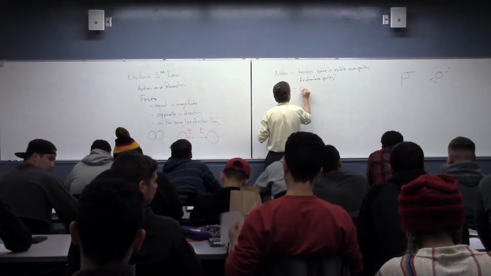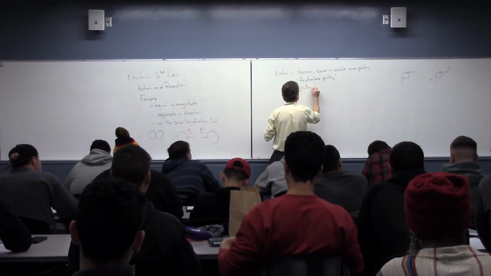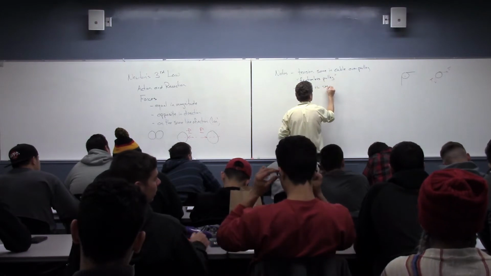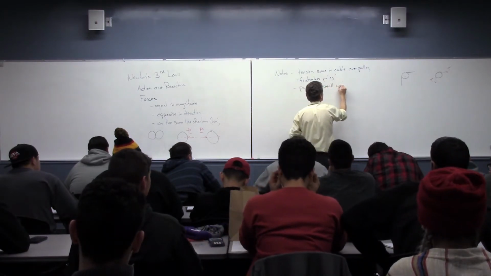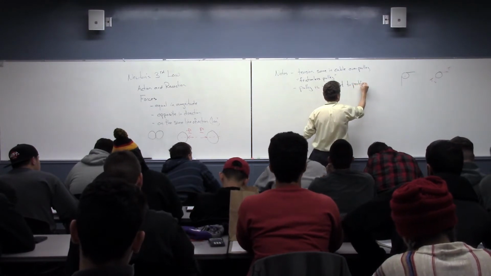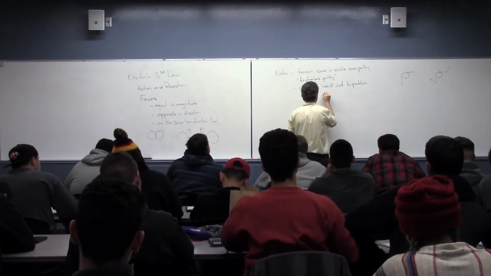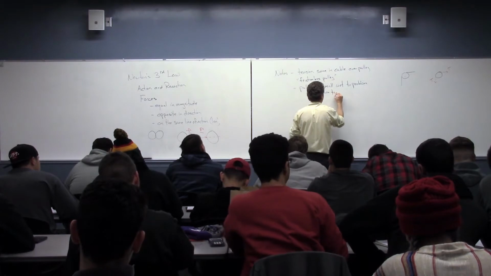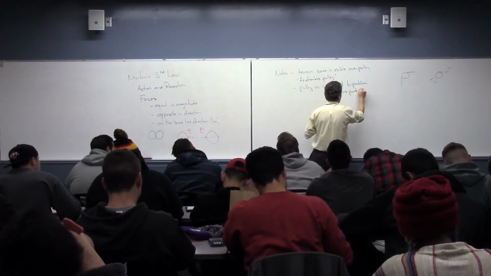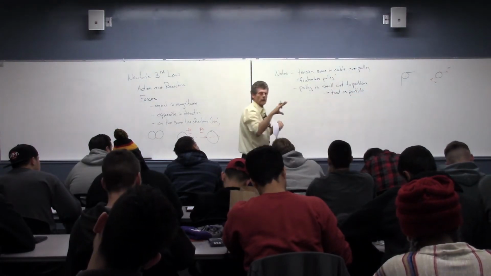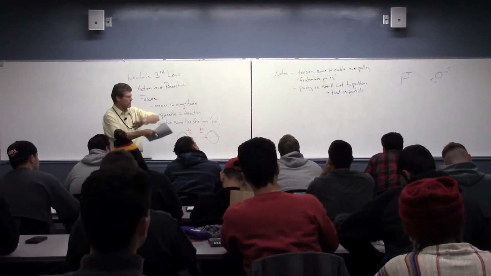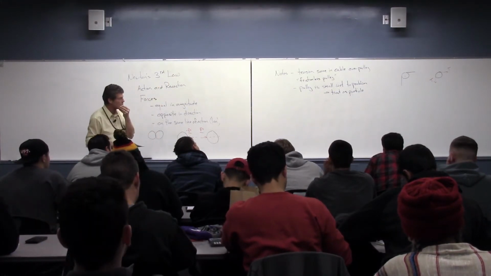And the other thing, too, is that the pulley is generally quite small with respect to the problem. We've got these long dimensions of the cables and that sort of thing.